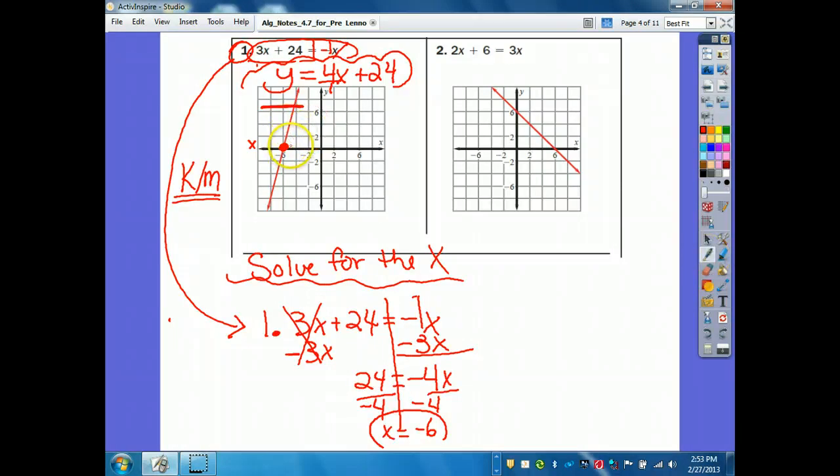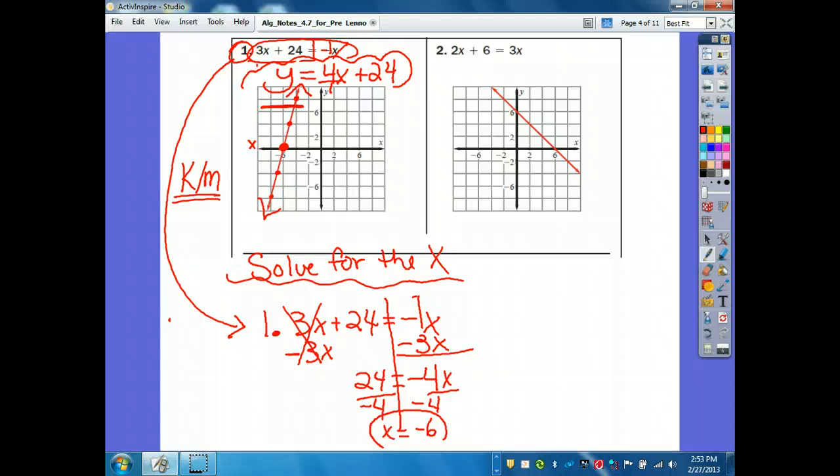Okay, so right 1 and up, what did I say? 4. So you're going to be right here, right 1, up 4, or you go backwards, right 1, down 4. Or excuse me, left 1, down 4. Now we can draw our line. Use your straight edge, and you have to draw these lines on your graphs on the back. They're not there for you. You have to put them on there.